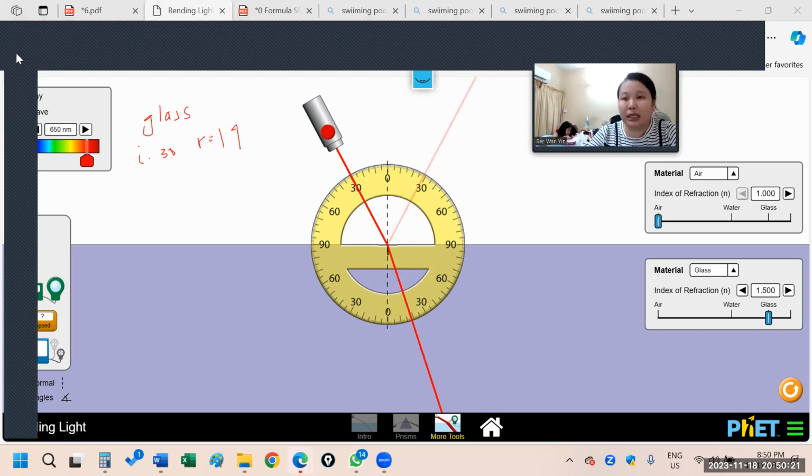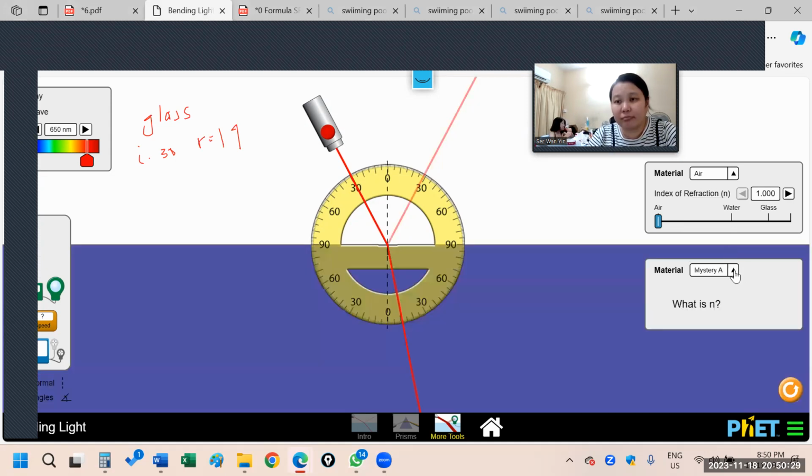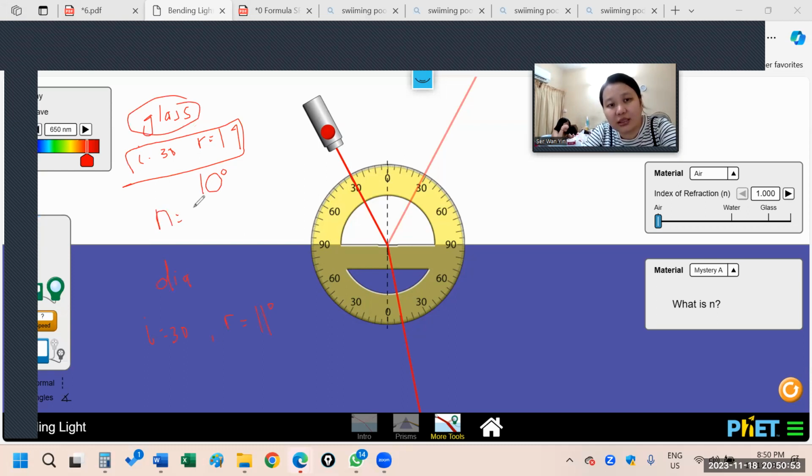Okay, now let's see if I change it to diamond. Yeah, this is diamond. So see, if this is diamond, i is 30, r is around 11. So glass just bends around 10 degrees plus because its refractive index is around 1.28.